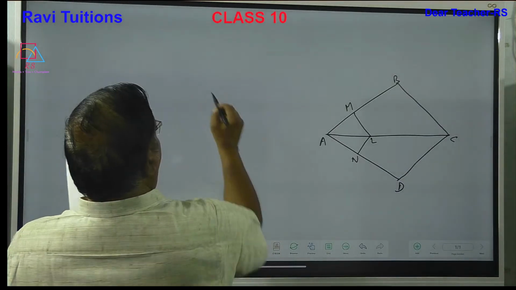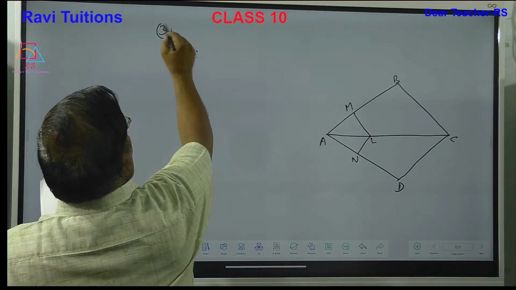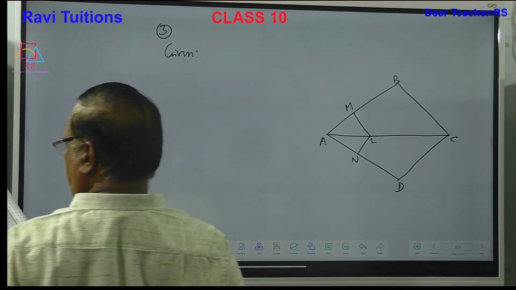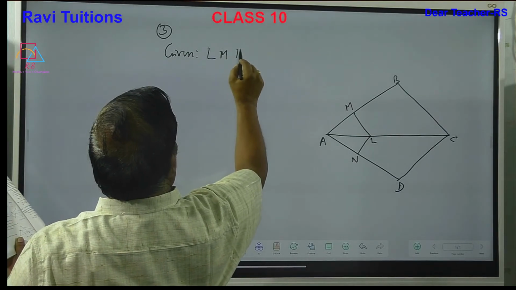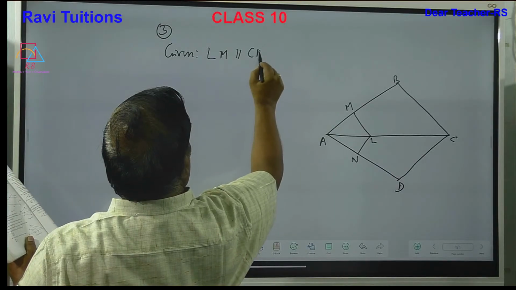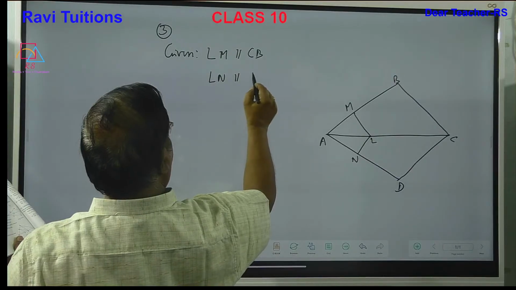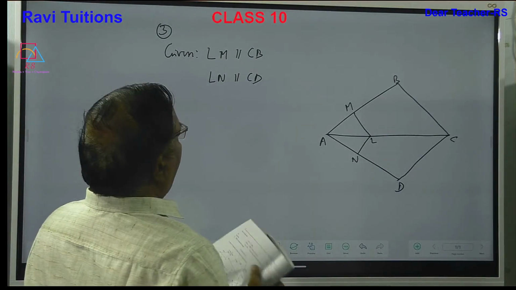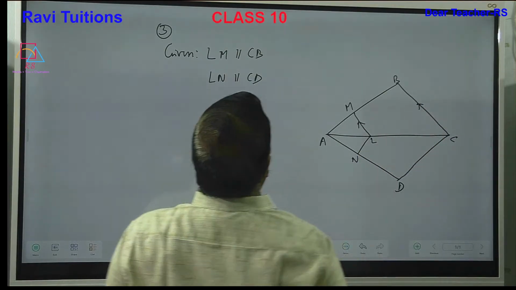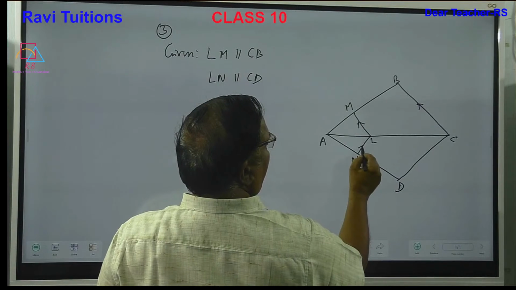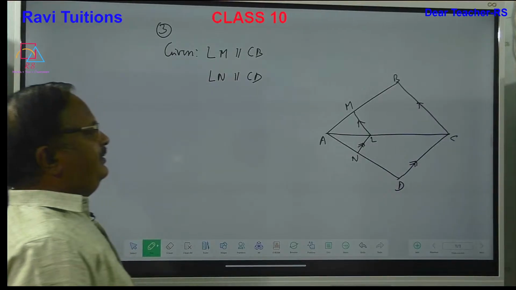Now in question number 3, what is given here? LM is parallel to CB and LN is parallel to CD. Let us indicate LM is parallel with the parallel symbol, and LN is parallel, indicate 2 arrow marks, because one single arrow mark we have already used here.